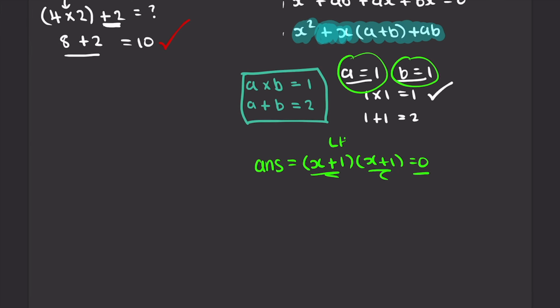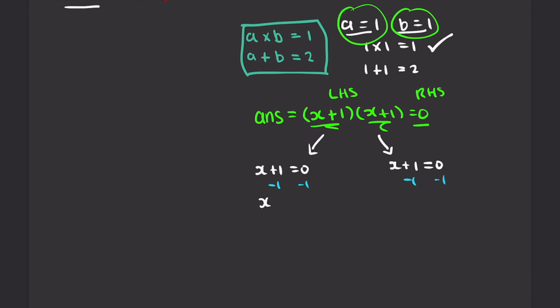So we can now do x plus 1 equals 0, and x plus 1 equals 0. Now, we subtract 1 on both sides, minus 1 on both sides. I'm pretty sure you already got that now. And then you've got x equals -1 and x equals -1.